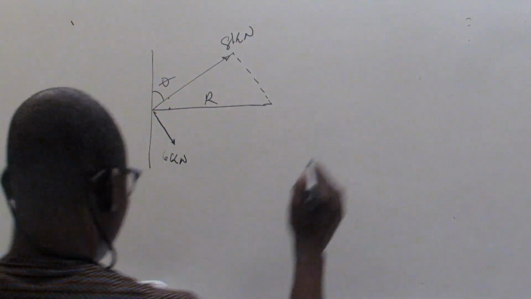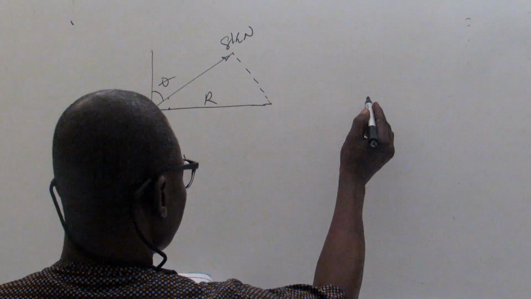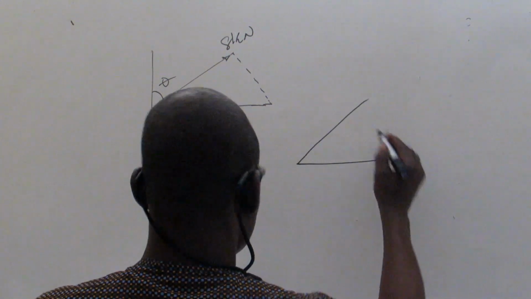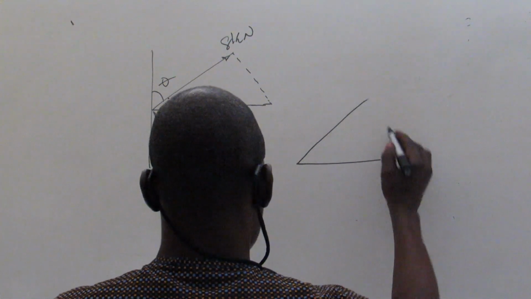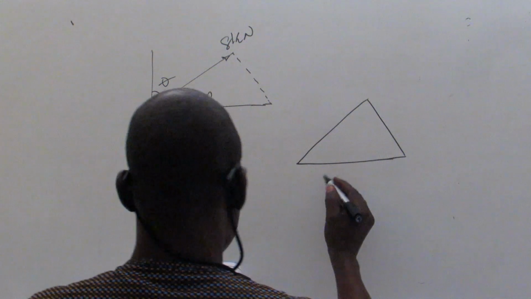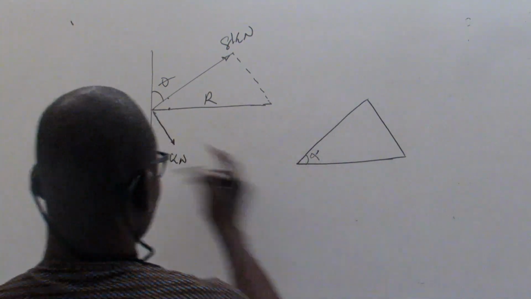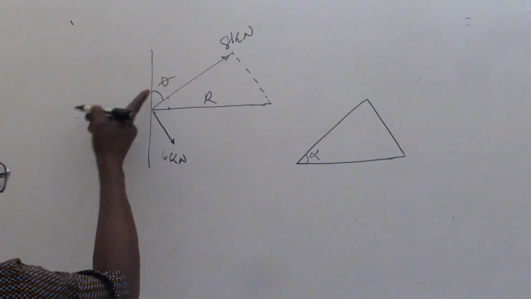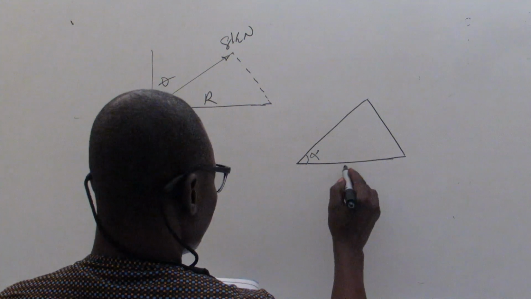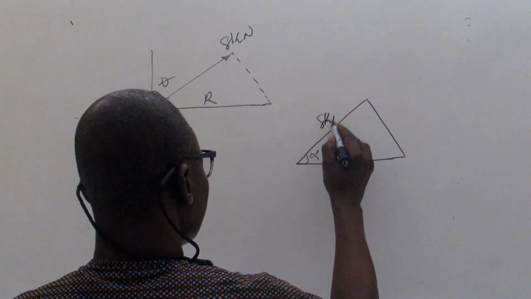So we draw out this diagram, bringing it out this way. Resultant. In this case, let's call this angle alpha. We don't know it. If we want theta, theta is not known. Let's call this alpha. And then our resultant is R. We have our 8 kilonewton.